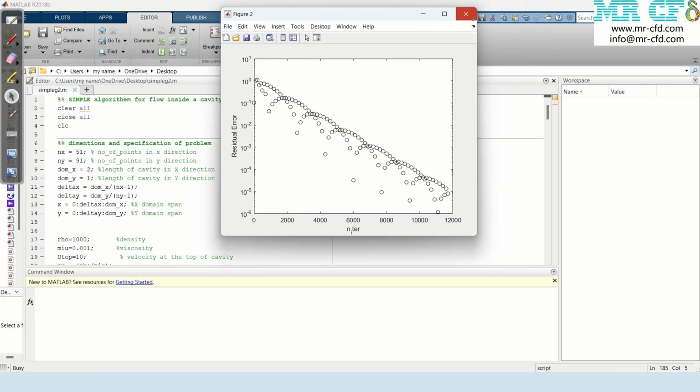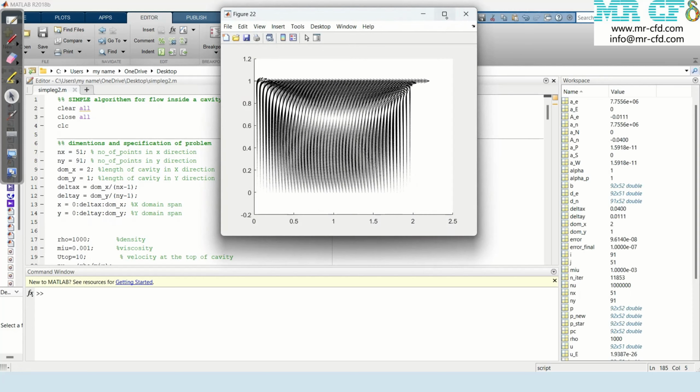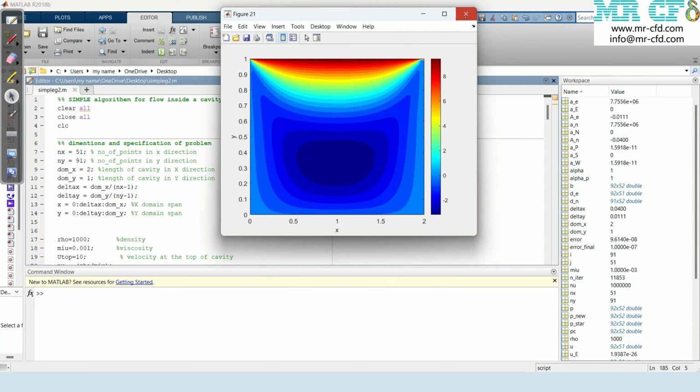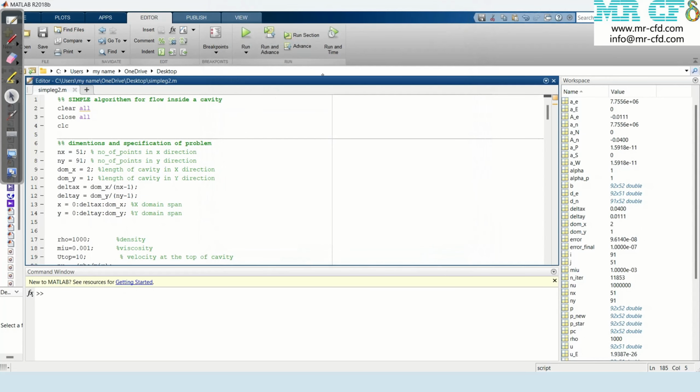Afterward, the velocity vectors within the cavity are shown, along with the contour plots of u velocity. You can adjust u at the top boundary and rerun the simulation to observe changes in the velocity vectors and u velocity contours.